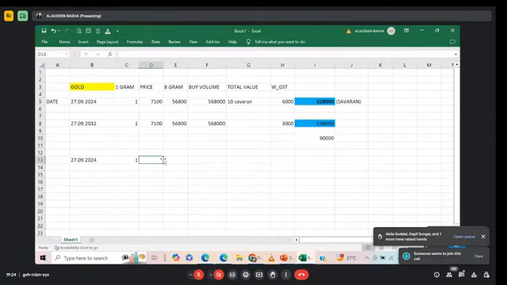Today's price is 7,100, same 56,800 and same 5,68,000 for 10 sovereigns. But in the sovereign gold bond, every year for your investment they give 2.5%. Every year they give 2.5%. For 8 years, how many percent will be accumulated?